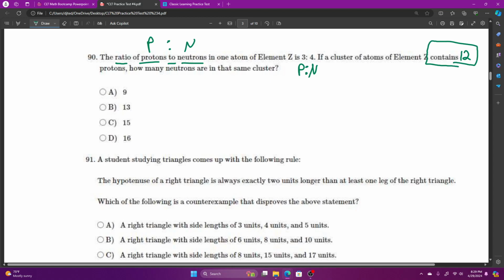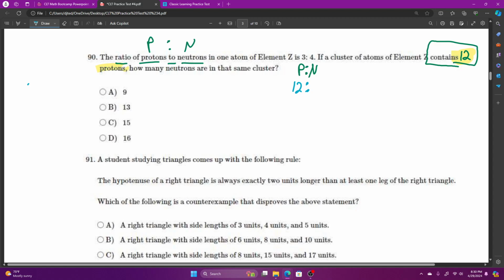Contains 12 protons. So where should we write that 12 protons? Underneath the letter P or underneath the letter N? 12 protons underneath the P for protons.